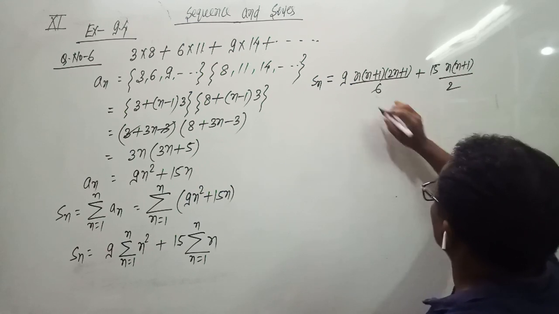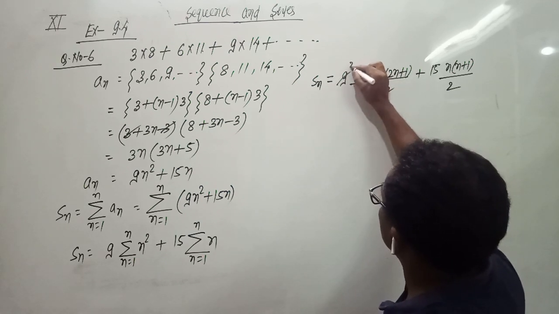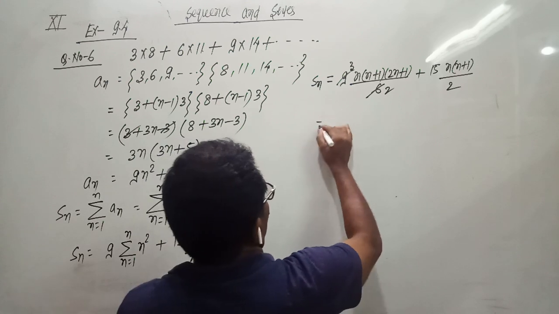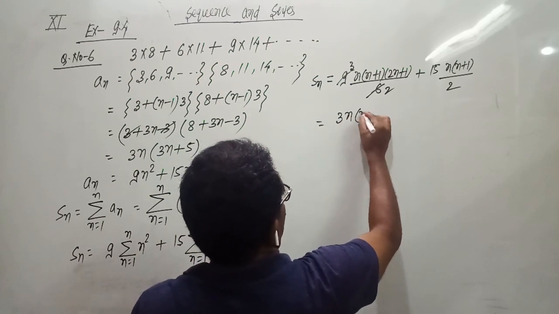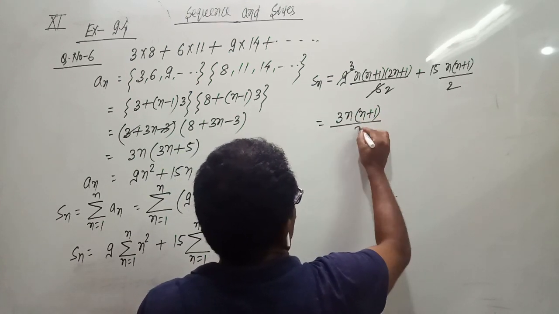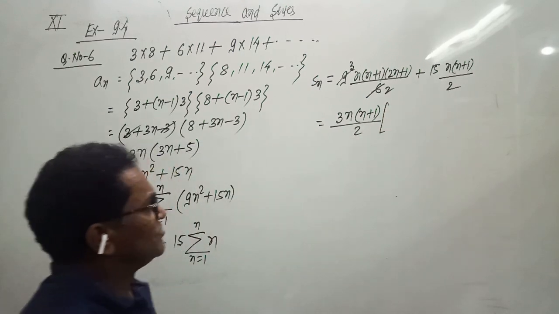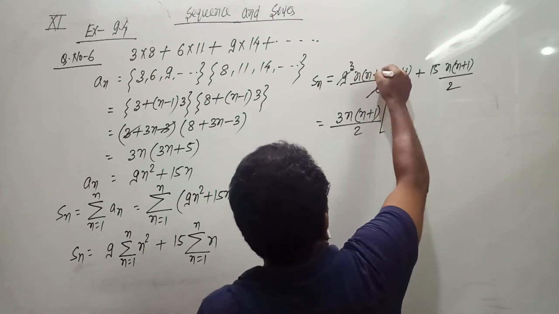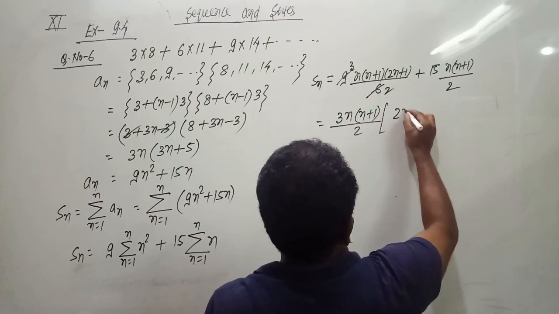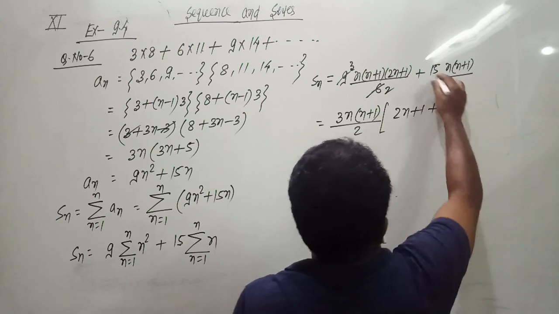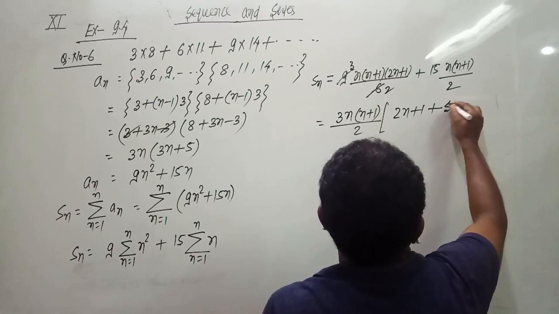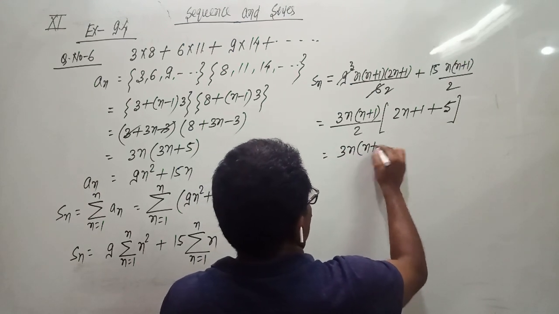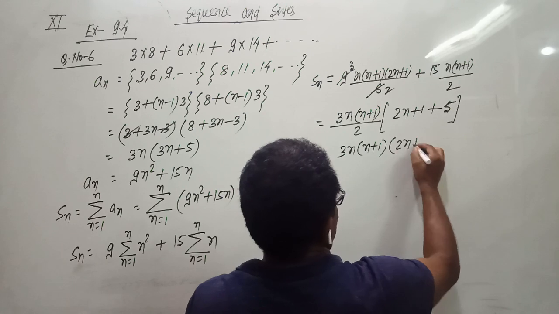2 3s are 6, 3 3s are 9. Now we take common. So 3n into n plus 1 upon 2 is common from both the terms. So 3n into n plus 1 by 2 we have taken common, so there comes 2n plus 1, and here it gives 5. So 3n into n plus 1 into 2n plus 6 upon 2.